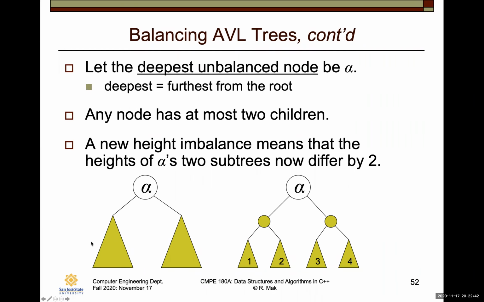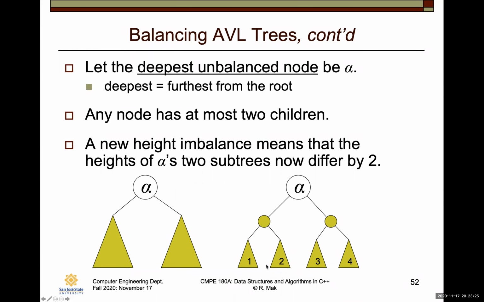So let us redraw these two big triangles this way. And so alpha has 2 children, and its children can each have at most 2 children. Now I've labeled these subtrees 1, 2, 3, and 4 because if alpha became unbalanced because we had inserted a new node, then that insertion had to have happened inside one of these subtrees, 1, 2, 3, or 4.